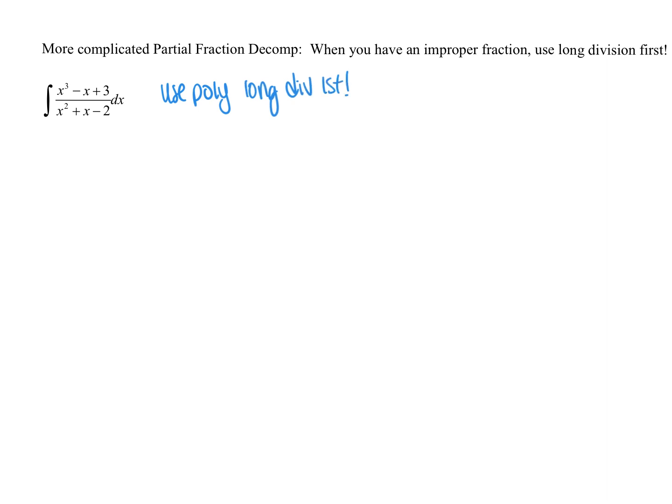I'm just going to tell you what you would get when you do that. When you do that, that would then turn into x minus 1 plus 2x plus 1 over x squared minus x, or x plus x minus 2.